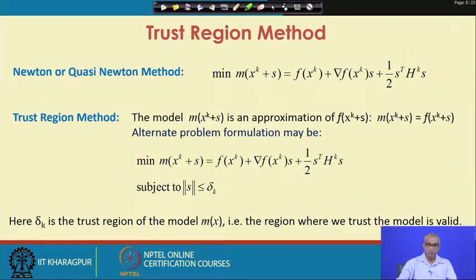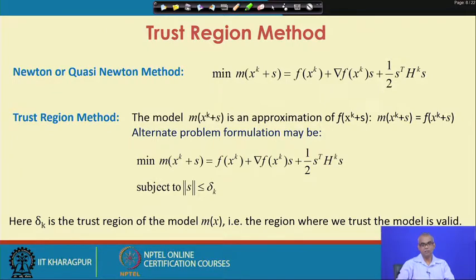In case of trust region method, the model m(x_k + s) is basically an approximation of f at x_k + s. So, an alternate problem formulation may be we minimize m at x_k + s, which is given as f(x_k) + gradient of f(x_k) times s + half s transpose H s, but subject to s confined in a small region.